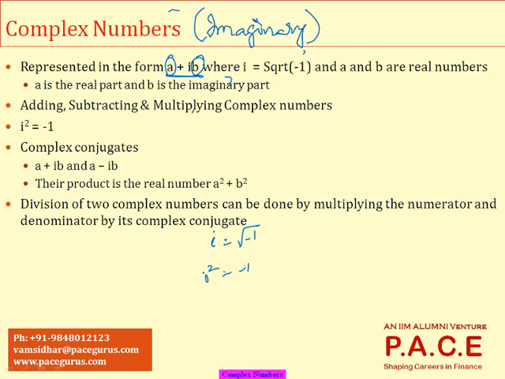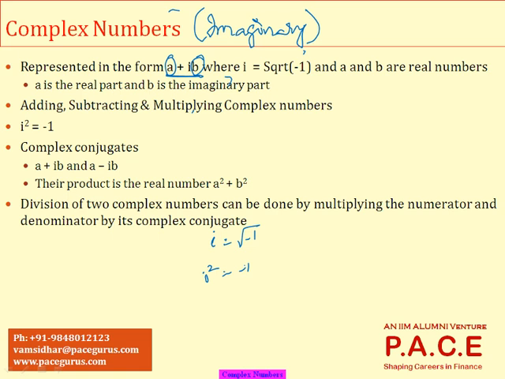In case of real numbers, the square root cannot exist for -1, because for negative numbers, no square root exists. But when people started identifying the imaginary world or complex world, that is where this expansion of i squared equal to -1 or i equal to square root of -1 has come out.